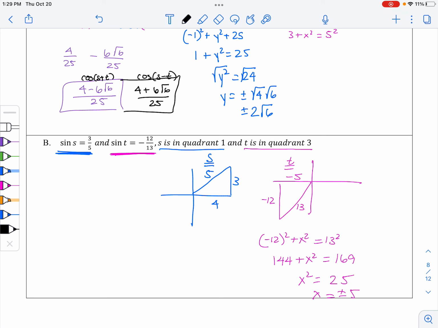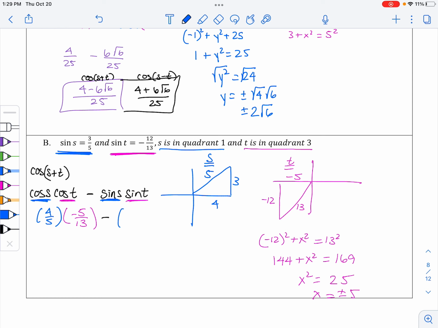They want me to do the cosine of S plus T, which would be the cosine of S times the cosine of T minus the sine of S times the sine of T. Any S picture, I'm looking at blue. Any T picture, I'm looking at pink. The cosine of S is 4/5. The cosine of T is negative 5 over 13.